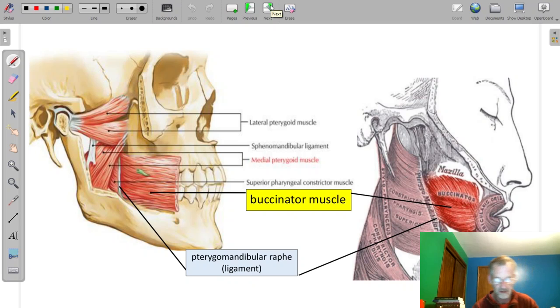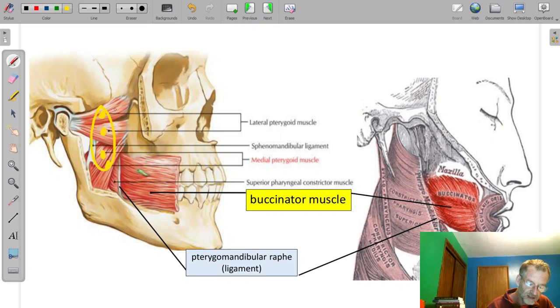Oh, the Buccinator. So the figure on the left is showing a couple of things. All of this, these are going to be muscles of mastication. That one, and all of this.